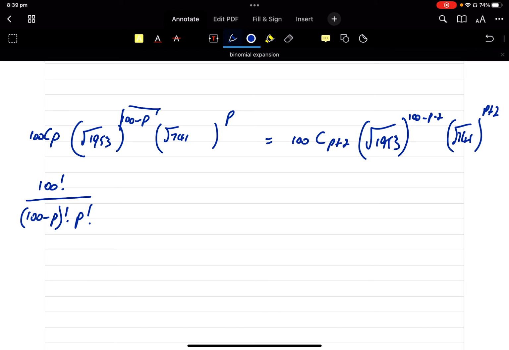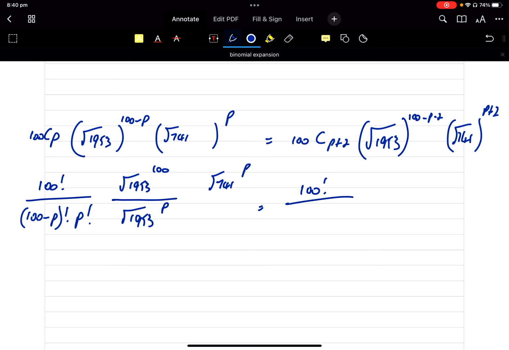Let's split that up. So it's going to be root 1953 to the 100 and root 1953 to the p, but it's minus p, so it's going to be underneath, and root 741 to the p equals 100 factorial on factorial p plus 2 factorial.